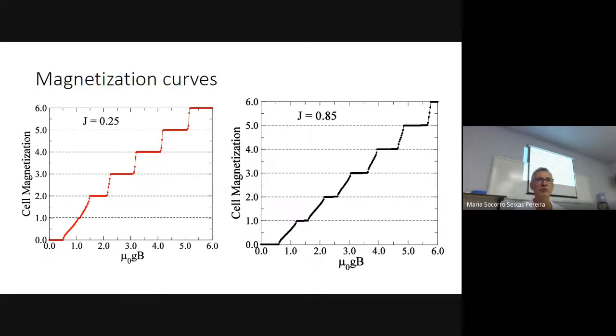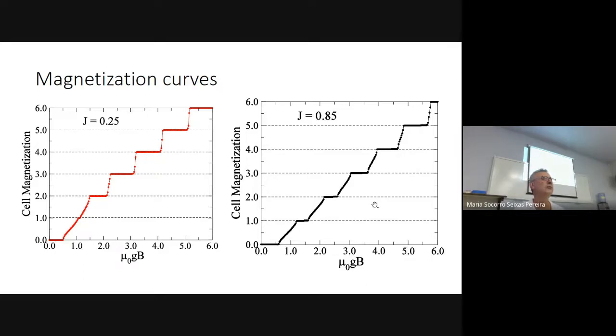Let me show you some magnetization curves. For small values of the ratio between J2 and J1, we have a set of plateau phases separated by very narrow spin liquid phases. And for larger values of J, we have the same sequence of plateau phases with larger spin liquid phases.